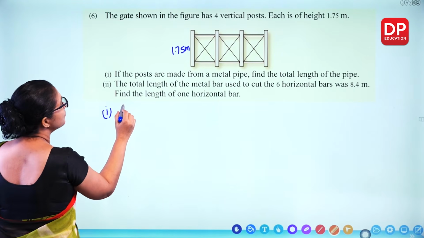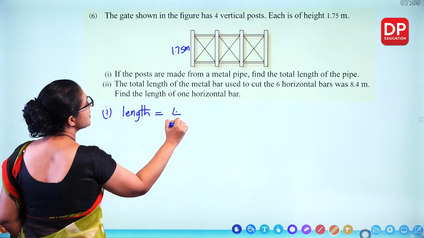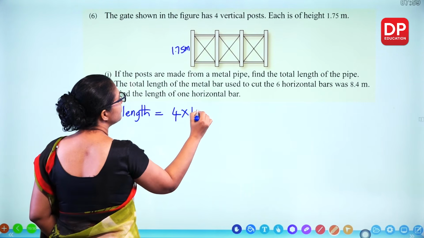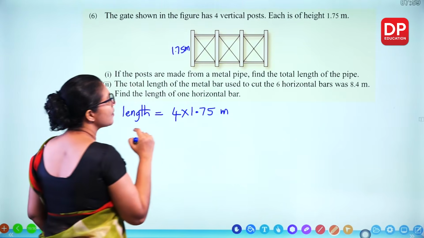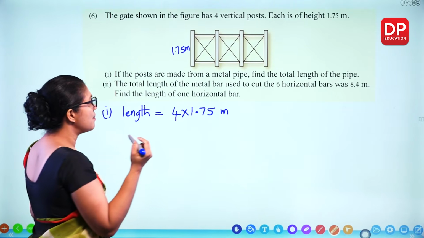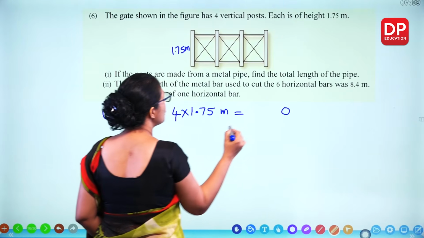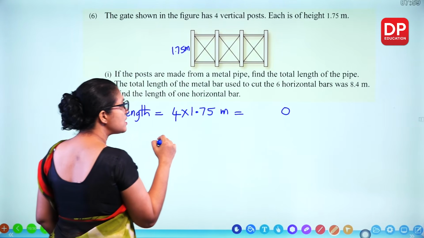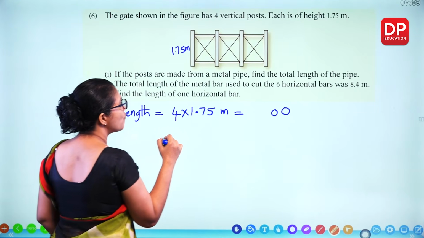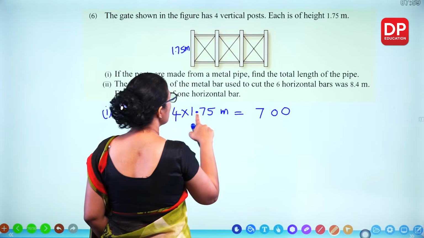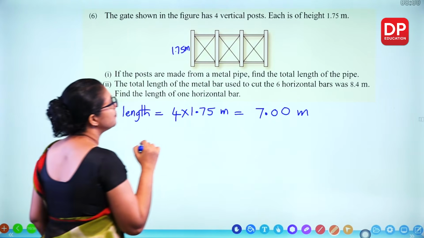So the length is 4 times 1.75. Multiply by 4 without the decimal. 4 times 5, 20, 2 remaining. 4 times 7, 28 plus 2, 30. 3 remaining. 4 times 1, 4 plus 3, 7. So 2 decimal places, that's 7 meters.